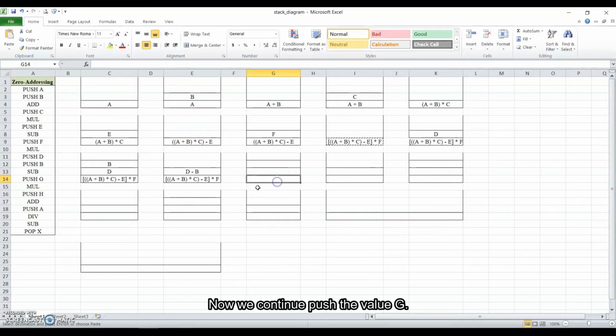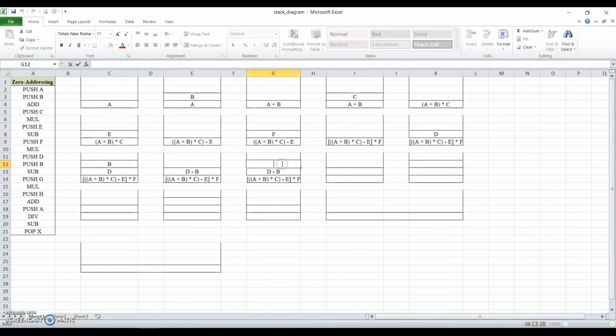Now we continue, push the value G, and then multiply it.